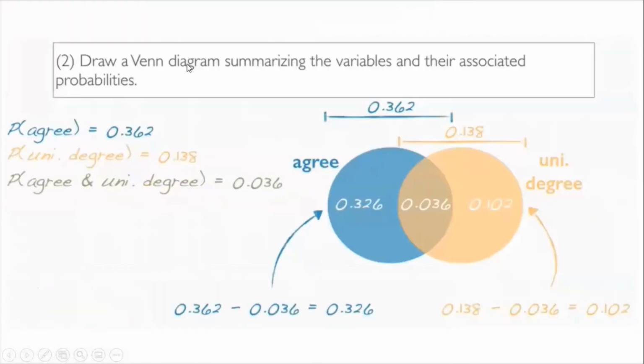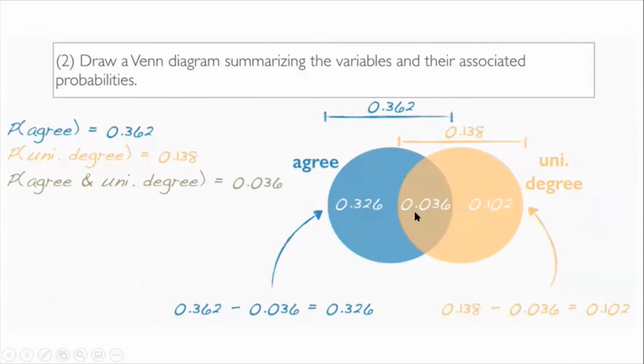Next, we draw a Venn diagram summarizing this and the probabilities. The agree circle is blue, and the university degree circle is this yellow, or rather reddish-brown, color.